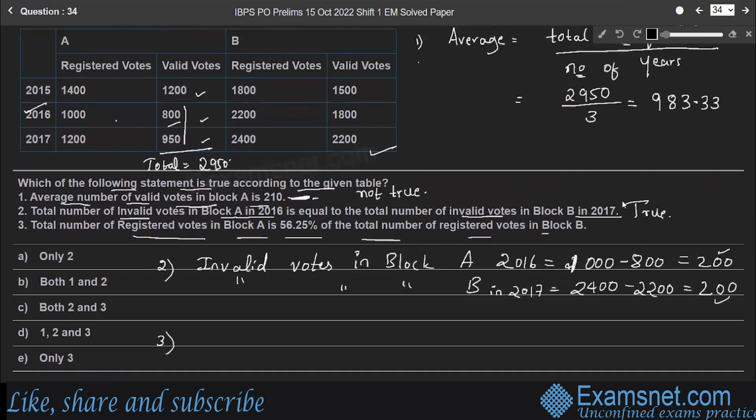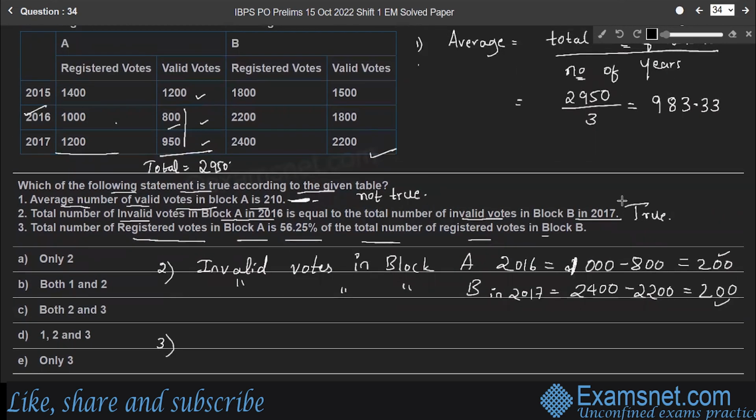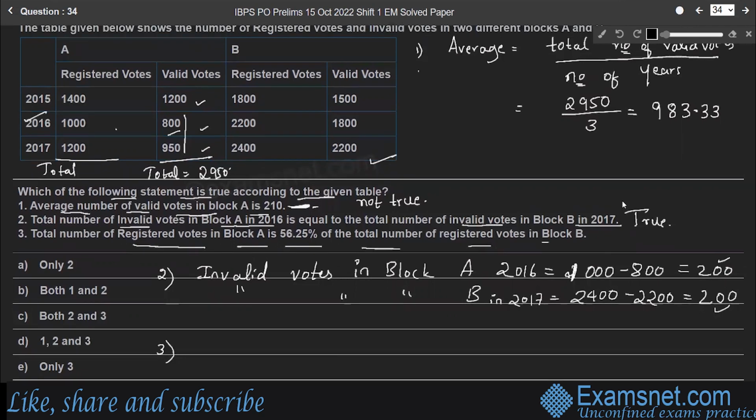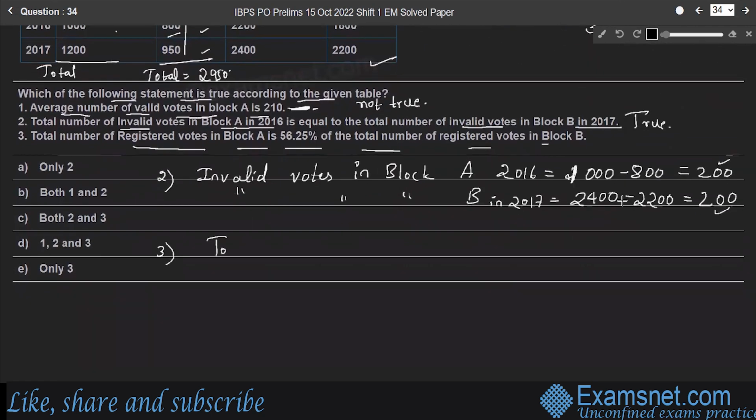So we'll find the total number of registered votes in block A and the total number of registered votes in block B, right?